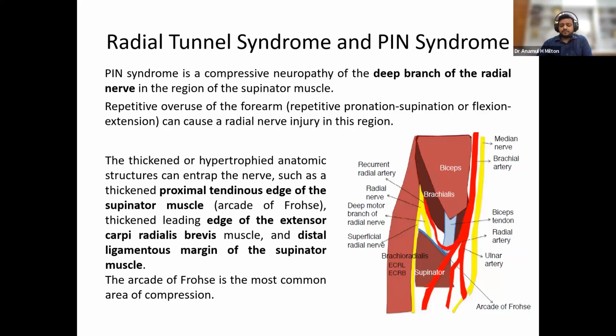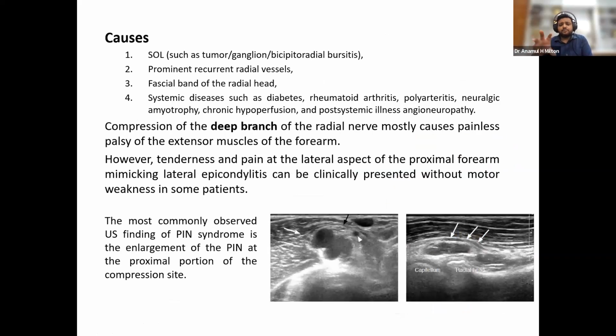It may be due to any space-occupying lesion like trauma, ganglia, or bicipital bursitis also. Proximal recurrent radial vessels, if there are any vessels, even in the fascial bundle and the radial head.